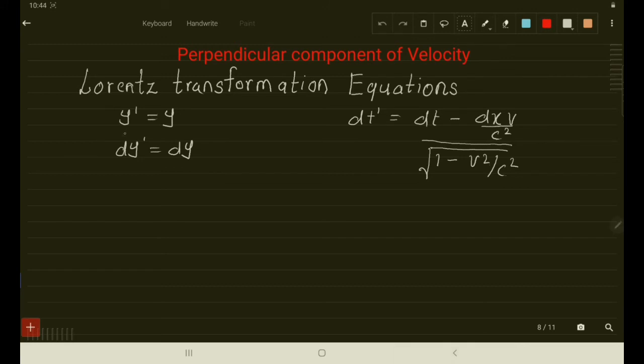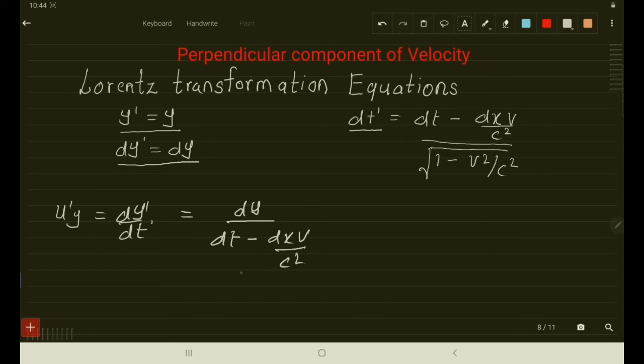We know that according to Lorentz transformation, y is equal to y dash, therefore dy dash will be equal to dy, and we have already obtained the equation for dt dash. To obtain dy dash by dt dash, that is u dash y, we will have to divide dy by dt minus dxv divided by c square, the whole divided by this factor 1 minus v square by c square.